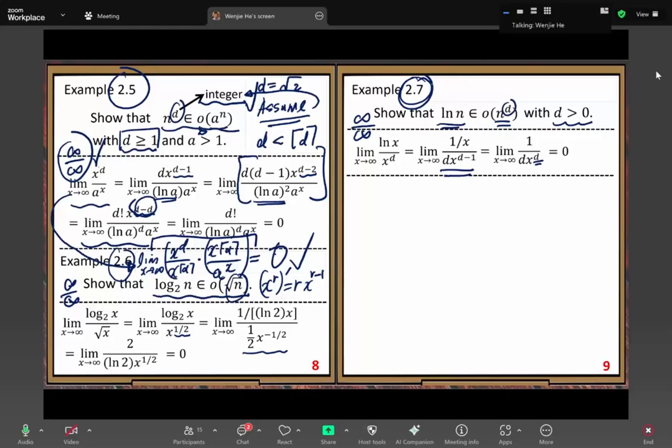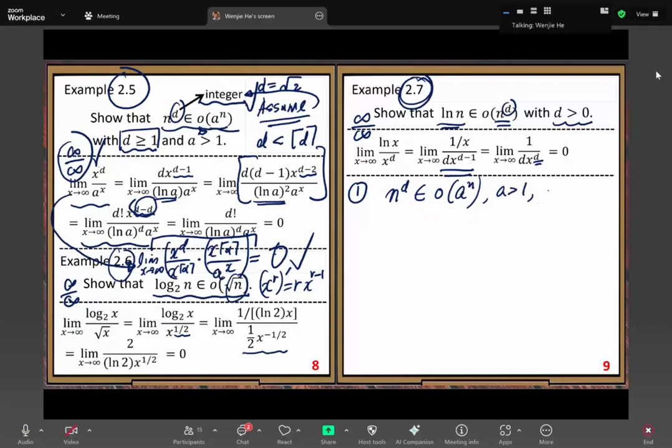Then when you apply them, let's look at the first case. The first case is n to the d belongs to little o of a to the n, where a is greater than 1.